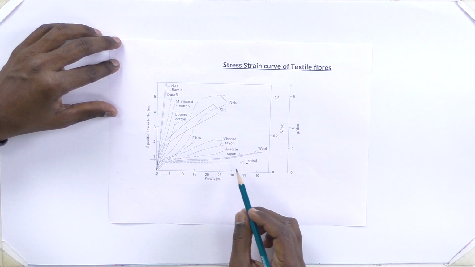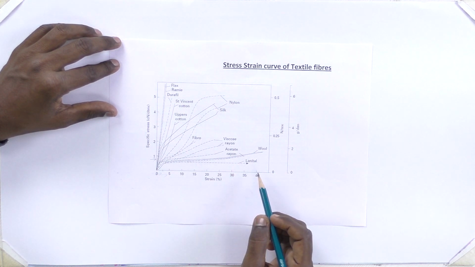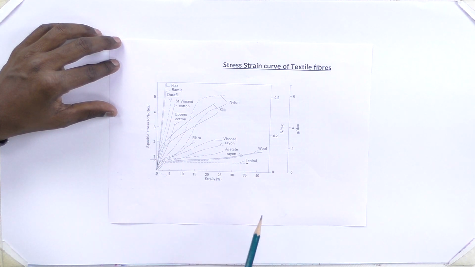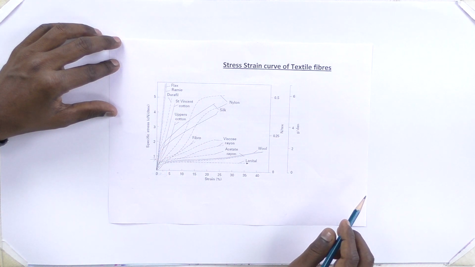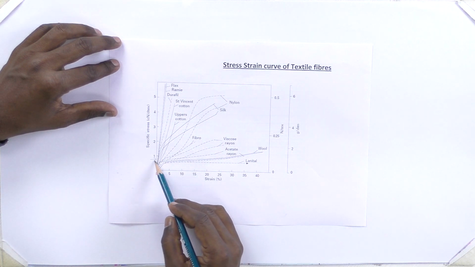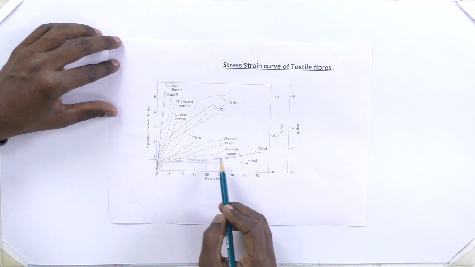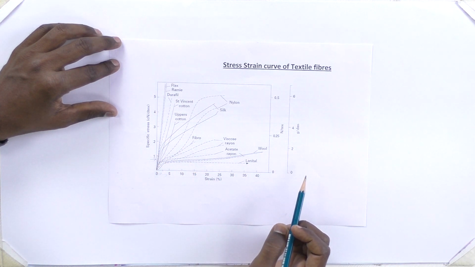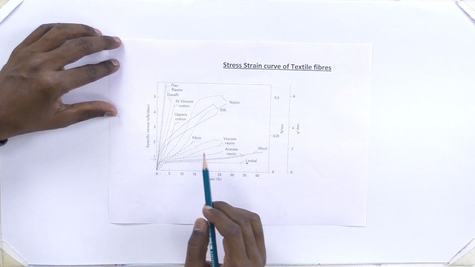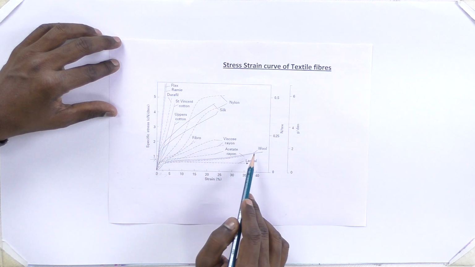That is the difference between flax and wool fiber. The flax fiber withstands more than 5 cN per decitex, with a strain value around 4%. But wool fiber, at even less than 1 cN per decitex, shows more than 45% strain, and only then does it reach the breaking point. So when comparing flax and wool, the flax fiber withstands the highest load but has very little elongation.